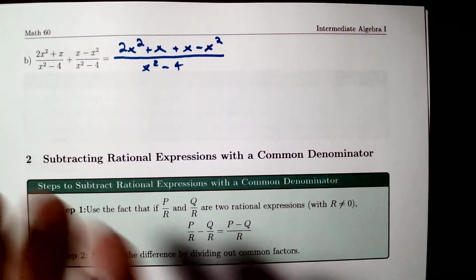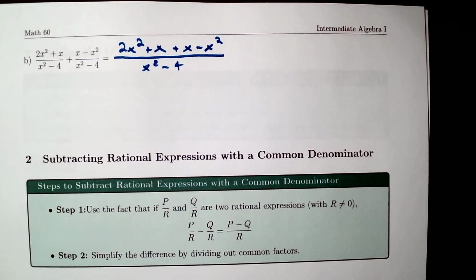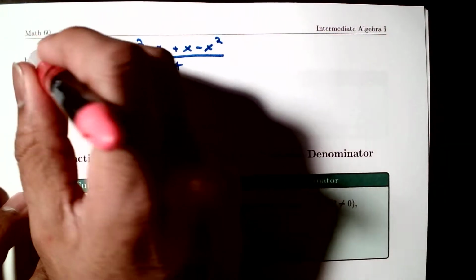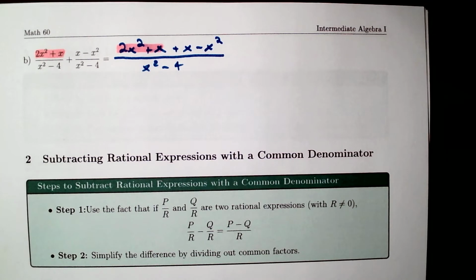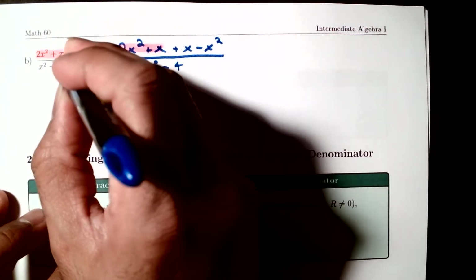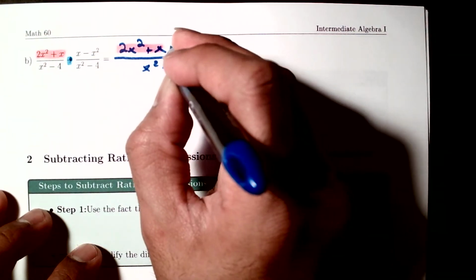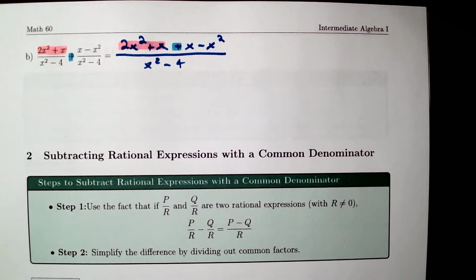If you want to see this with highlighters, we can do that. All I'm doing here is this quantity, and then plus this other quantity here.